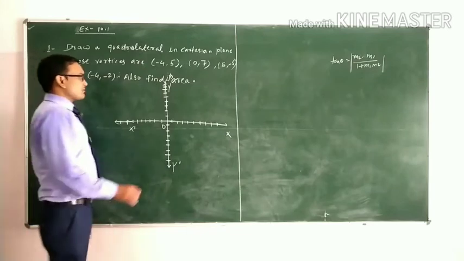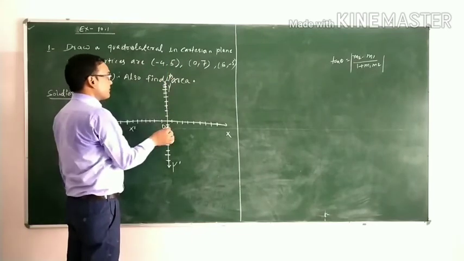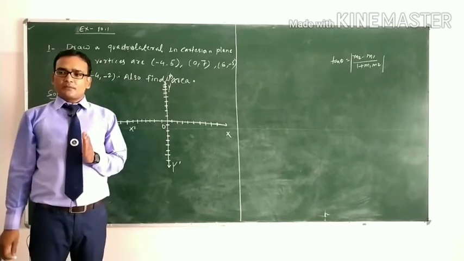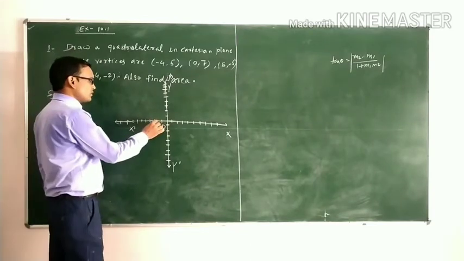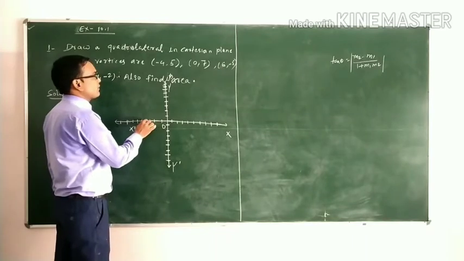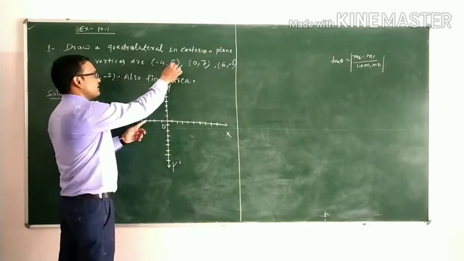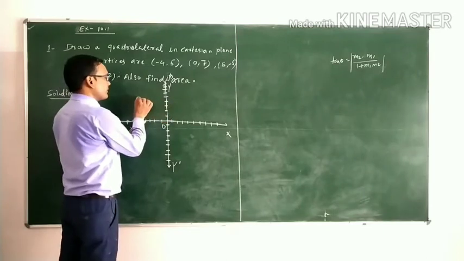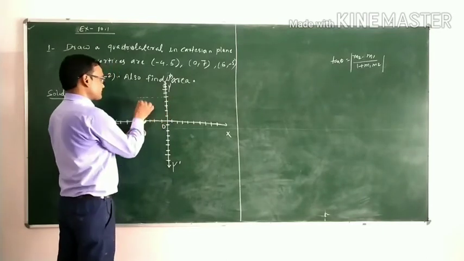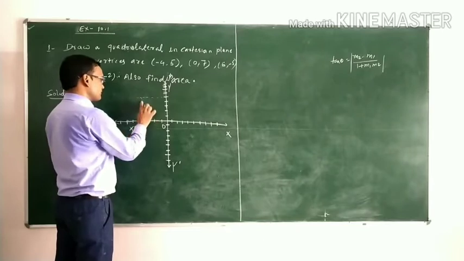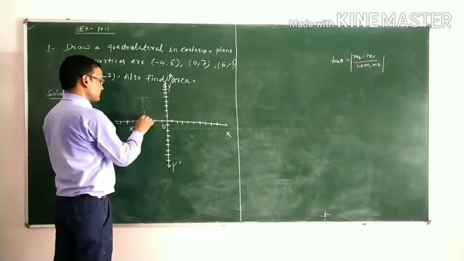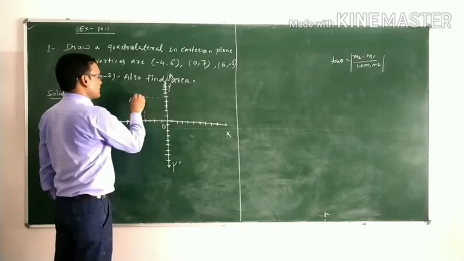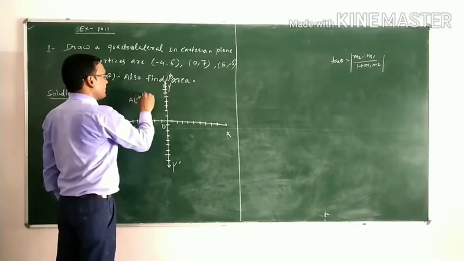First point is minus 4 comma 5, that means the abscissa is minus 4, 1, 2, 3, 4, and the ordinate is 5, 1, 2, 3, 4, 5. Point A, what is the coordinate? Minus 4, 5.